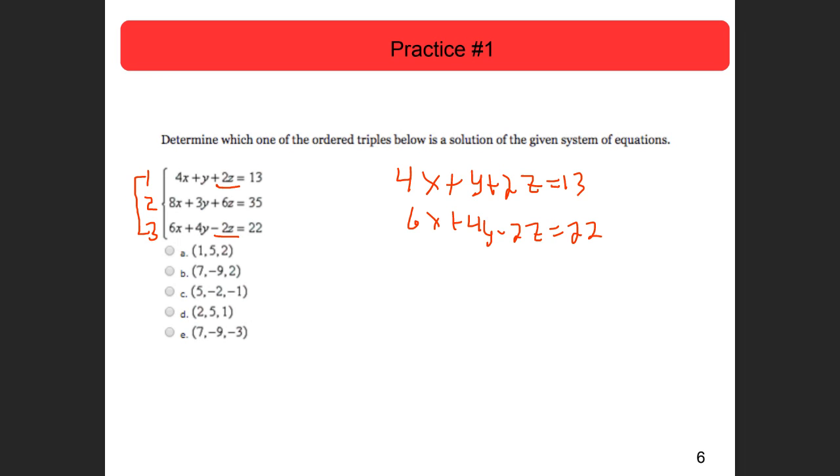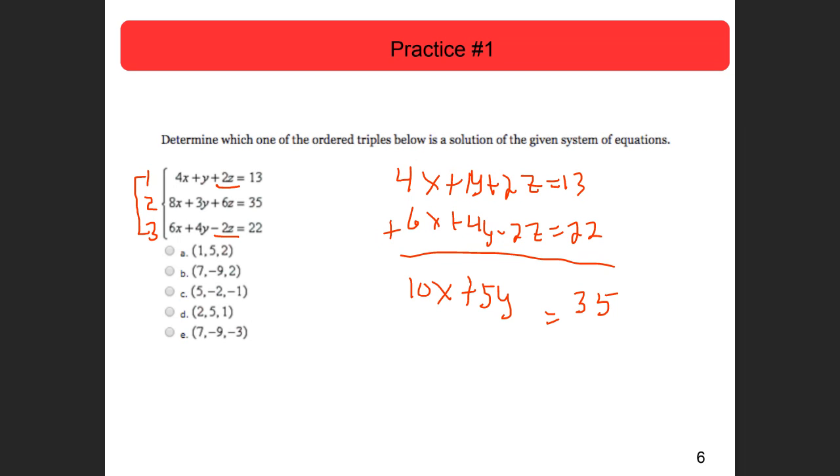Now, when I add these two together, 4x and 6x gives me 10x. 1y plus 4y gives me 5y. But the z's cross off, and that's what I wanted. I want to make sure one of the variables crosses off. It is equal to 35.